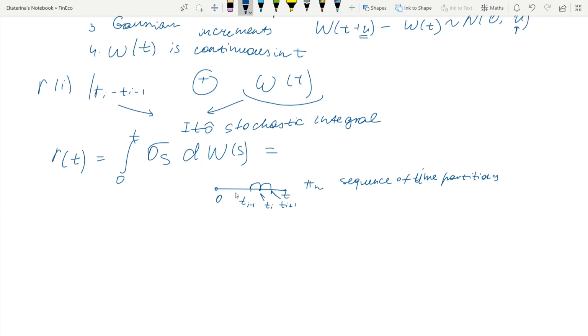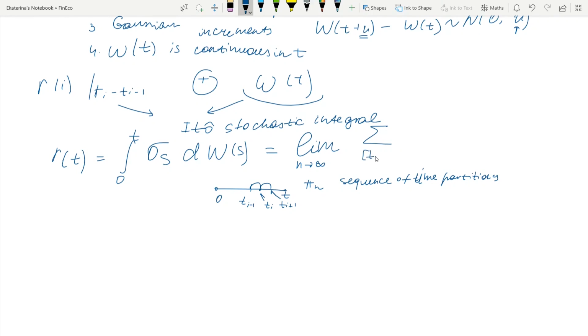So what do you do then? You say that, okay, if we let our number of partitions go to infinity, then we consider the limit of the following sum.